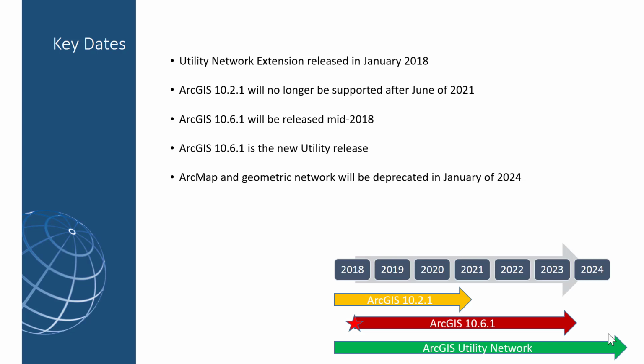And then the second key date is January of 2024, where you will have to be at utility network. That would be the supported version of network management at the time. Therefore, ArcMap as well as geometric network will no longer be supported. So those are some key dates.